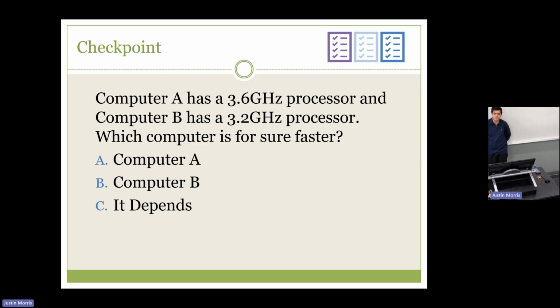Like for x86, there's an instruction where you can, in one instruction, do a matrix multiplication. So that is a very complex instruction. And what do we know from digital logic? More complex, longer time. Longer time means slower clock rate, right? So it could be a slower clock rate, but it could be getting more done.